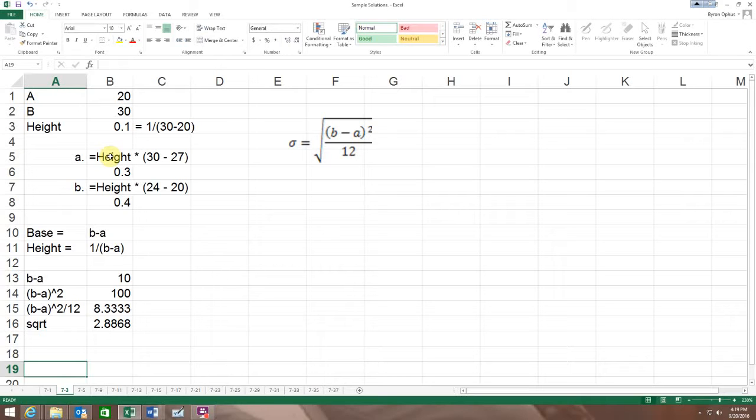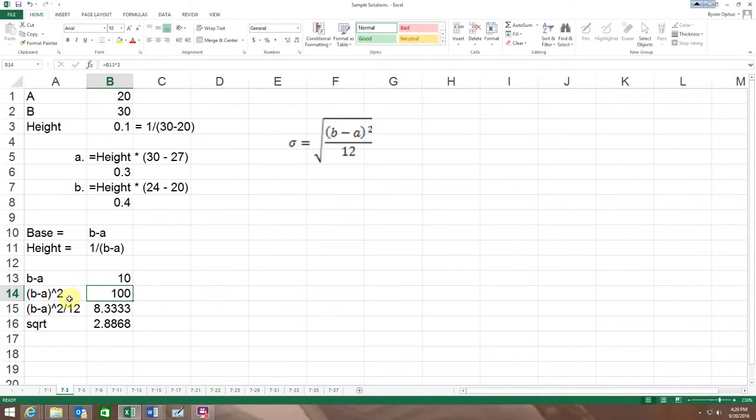And then you guys also have to find the standard deviation. The standard deviation, using this formula again, is equal to B minus A squared divided by 12, and the square root of that. So I've got my B minus A equal to my 30 minus my 20.